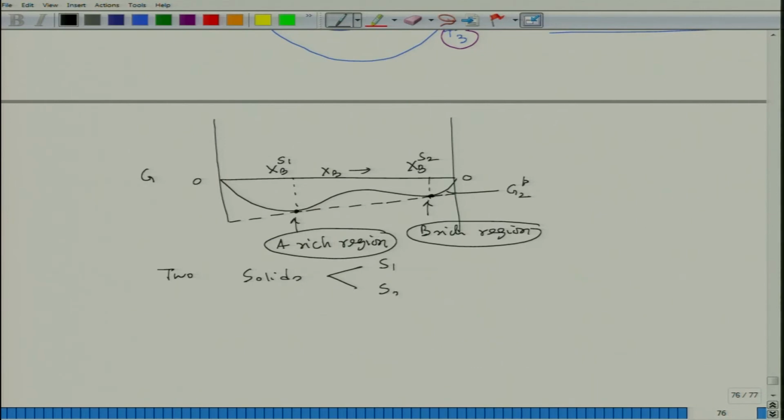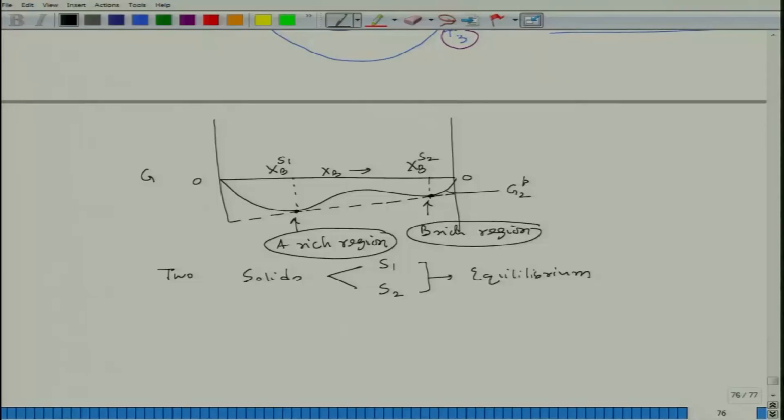Solid 1 and solid 2 are in equilibrium. And actually two different solids are forming with the same crystal structure, but having two different compositions.